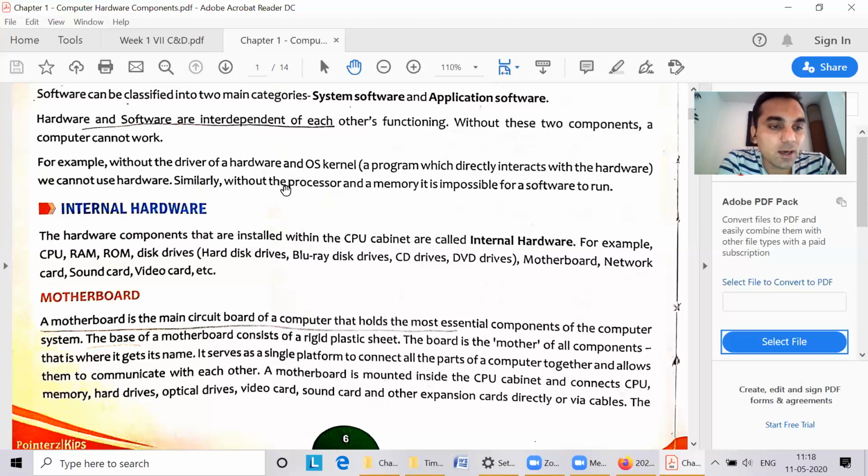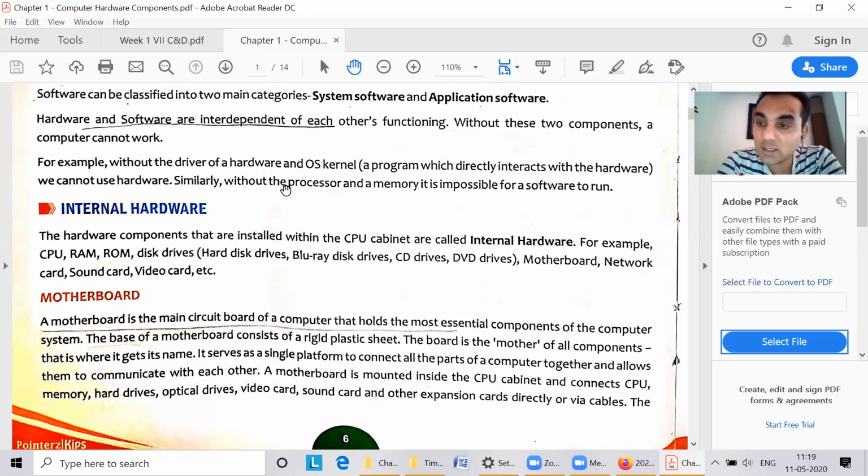Now, internal hardware. The hardware components that are installed within the CPU cabinet are called internal hardware. The hardware components inside your laptop or inside this mobile are called internal hardware.